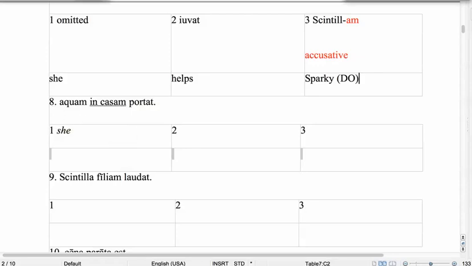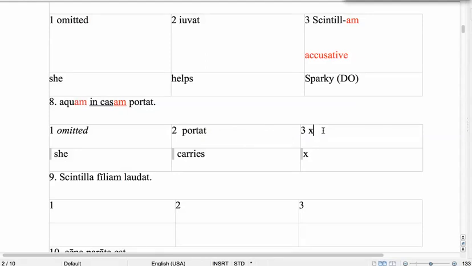Okay. Number 8, same problem, the subject is omitted. So we say she, the verb is portat. There is a word that ends in am, but it's in a prepositional phrase, so I've underlined the whole thing for you to show you this. So nothing goes here. Or casam doesn't go here. So aquam, she has to carry something.